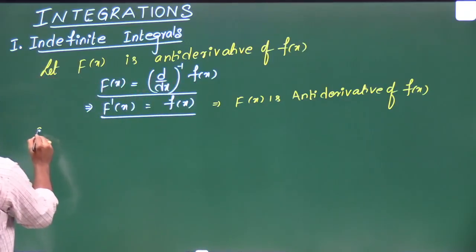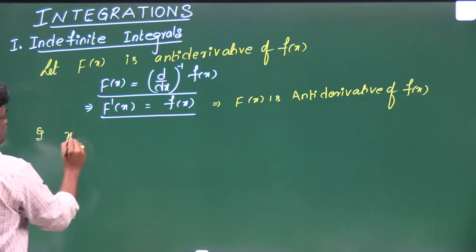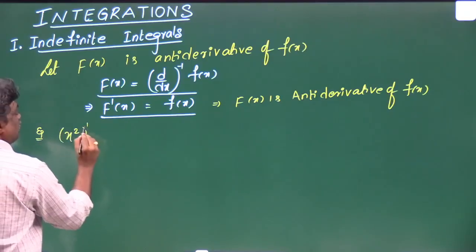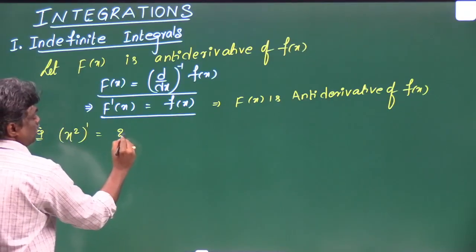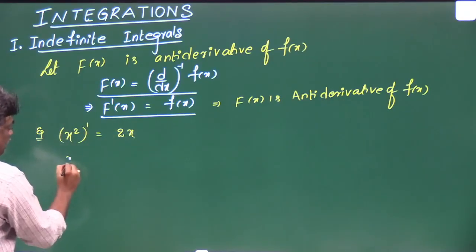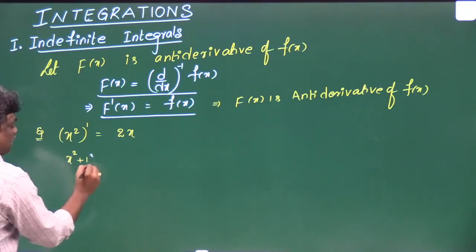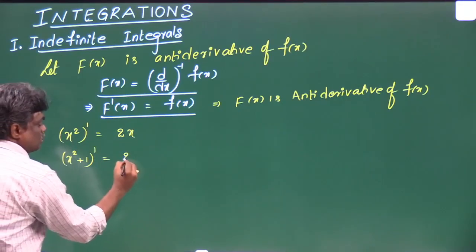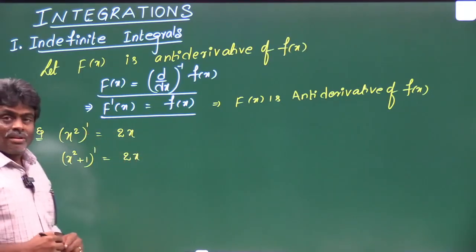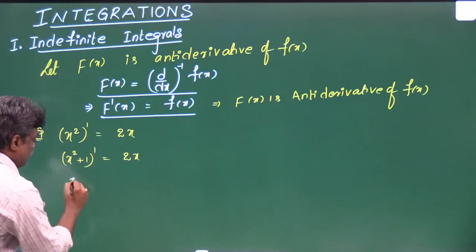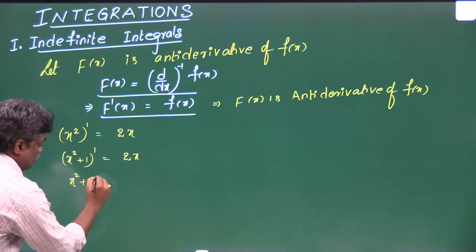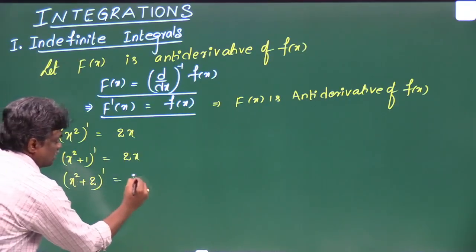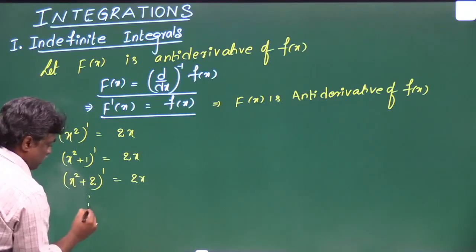Here I am taking x square, and the derivative of x square is 2x. Taking x square plus 1, the derivative is also 2x. And let us change the function: x square plus 2, the derivative is again 2x.